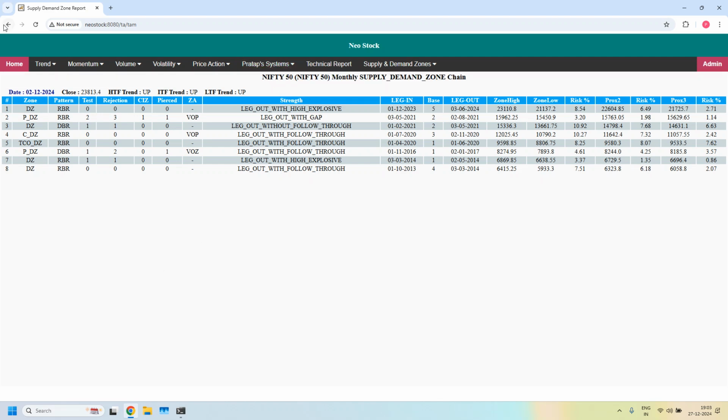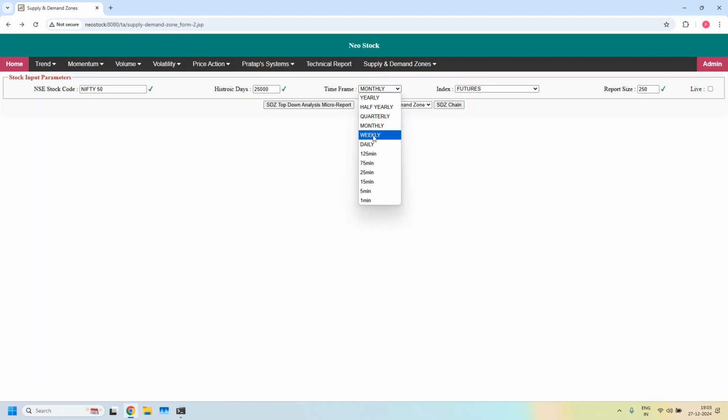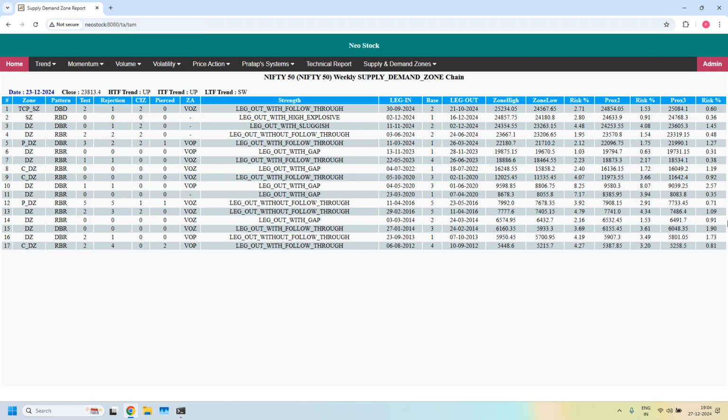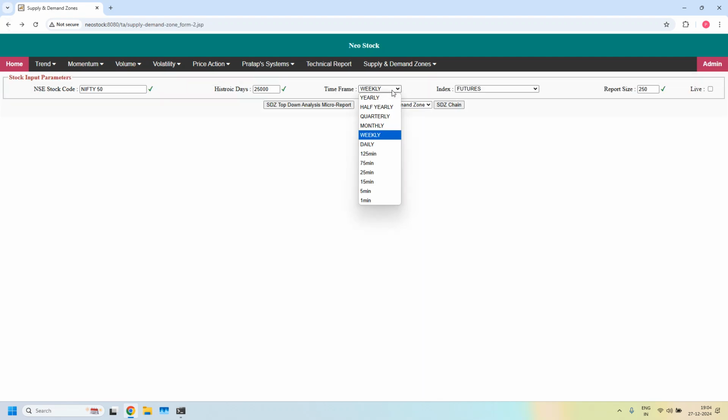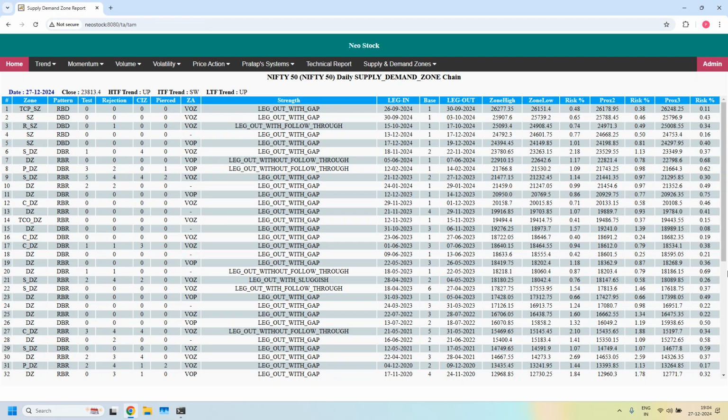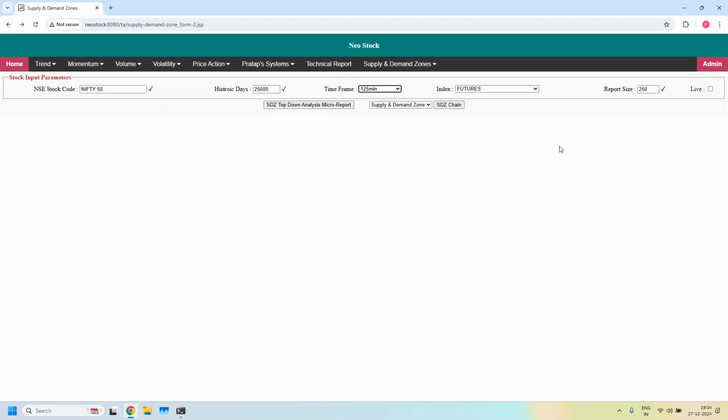Okay, next, weekly supply demand zone chain for Nifty. Next, daily supply demand zone chain for Nifty. Next, 125 minute supply demand zone chain for Nifty.